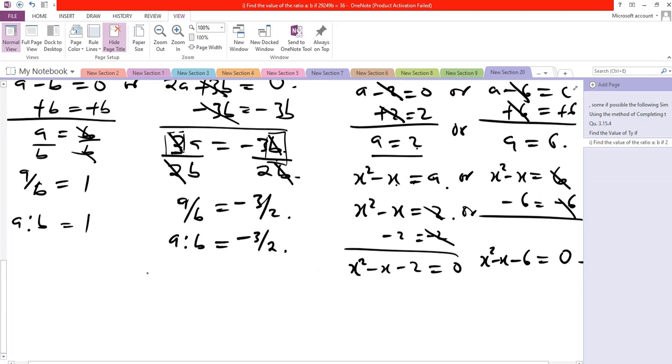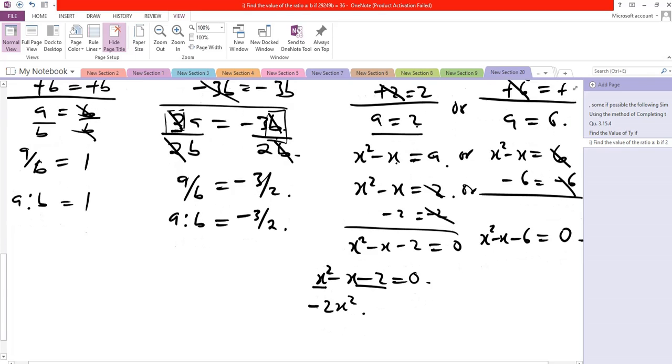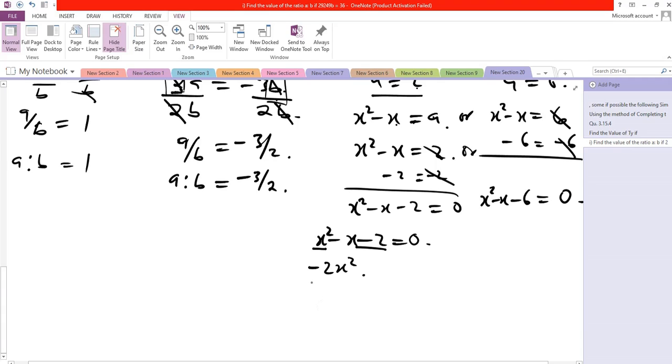So now let's come down here. You have x squared minus x minus 2 equal to 0. You will multiply this and this. Multiplying x squared with minus 2, the product is minus 2x squared. So what are the factors of minus 2x squared that when you sum them will give you minus x?